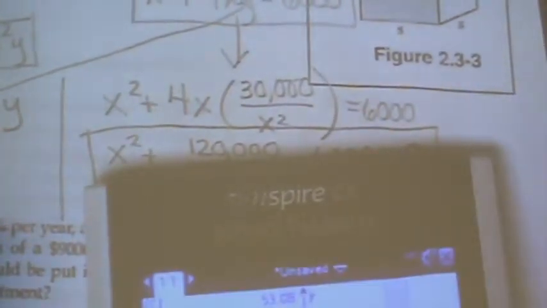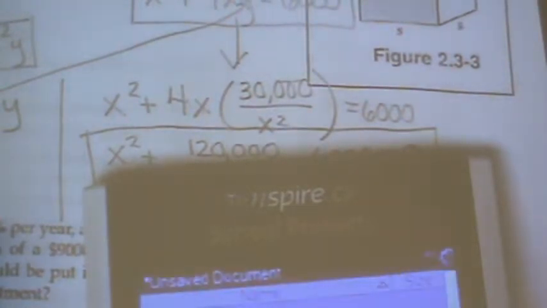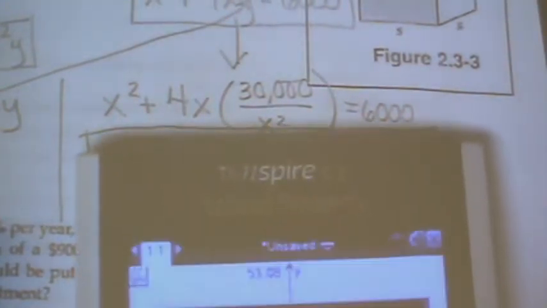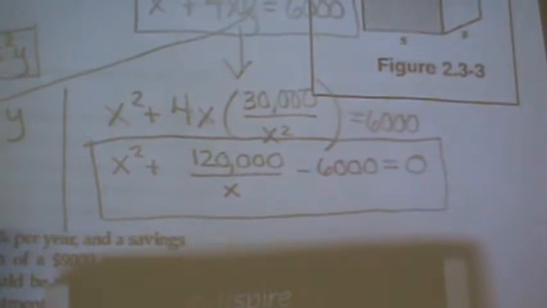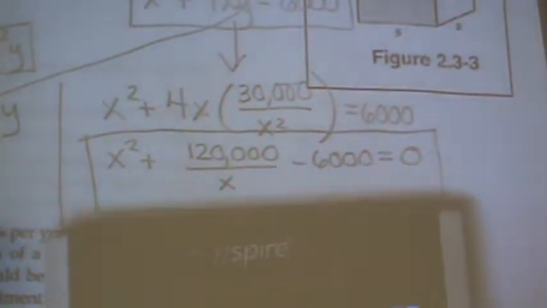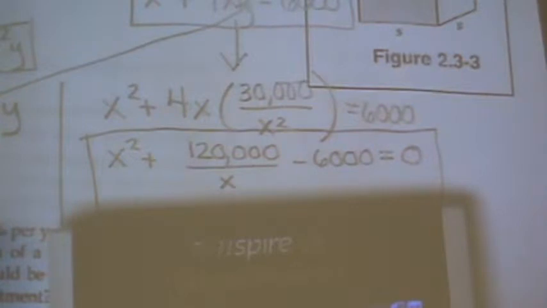So carefully type in a new graph, which is x squared plus, and then I like to use my fraction button. Does anyone use that fraction button? It's nice. 120,000, and then underneath is an x, and then arrow out, and then minus 6,000.